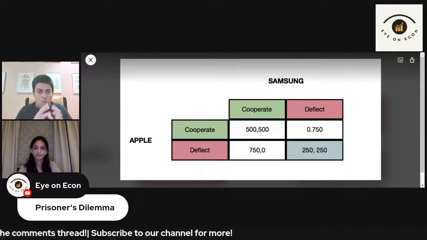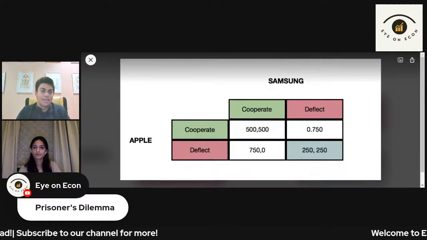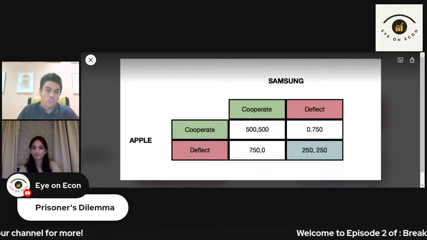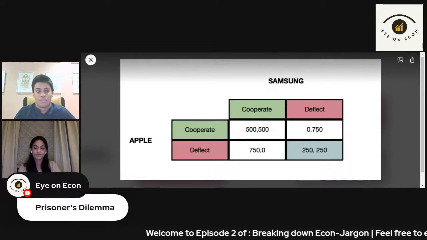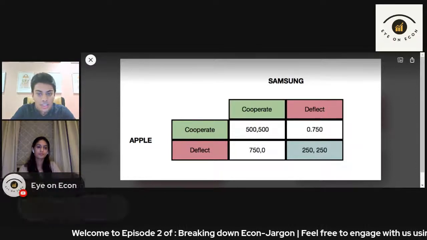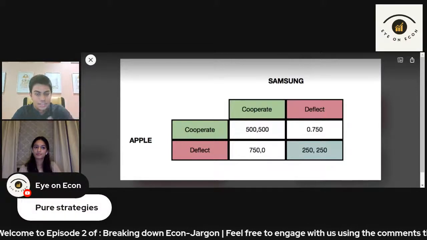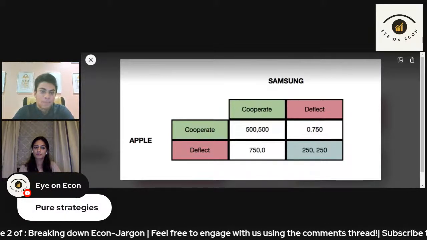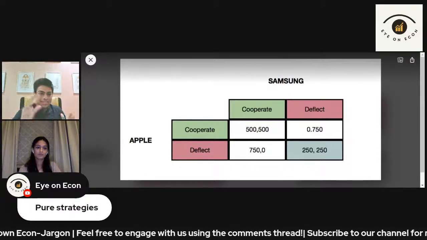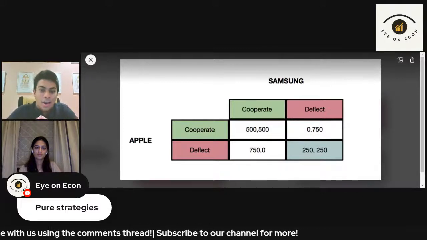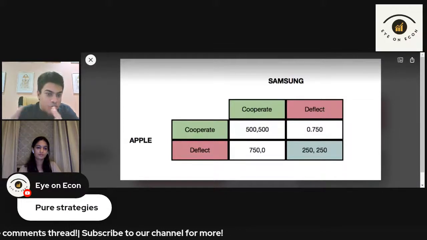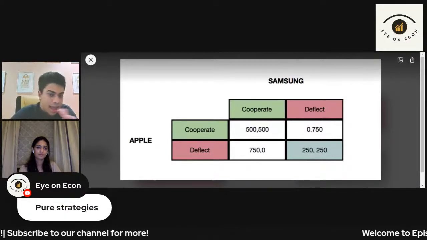If you want to know a bit more about the prisoner's dilemma, I would urge you to watch the session I had that was exclusively on the prisoner's dilemma. But I want to cover two key definitions linked to this payoff matrix that you see here. As Sanaa has put it in a very succinct manner, you have your two players, Samsung and Apple.